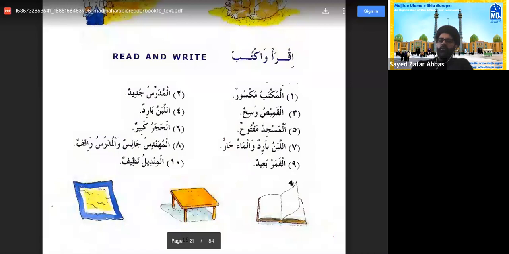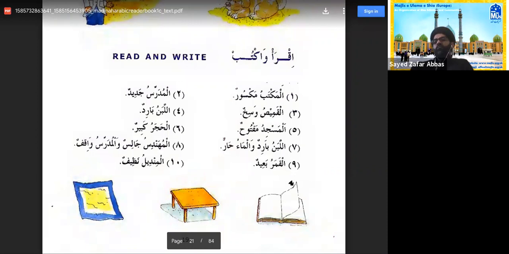So we'll quickly go through them so that we can then go on to the next lesson, inshallah. This, of course, we mentioned last time, but we want to recap from last time. Al-maktabu maksur. The maksur we already mentioned, we know, is book. Al-maktabu, we mentioned in lesson 1, is desk. So the desk is book.